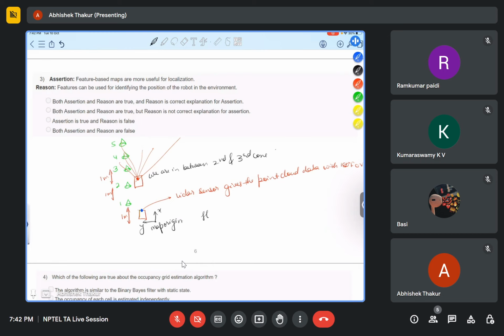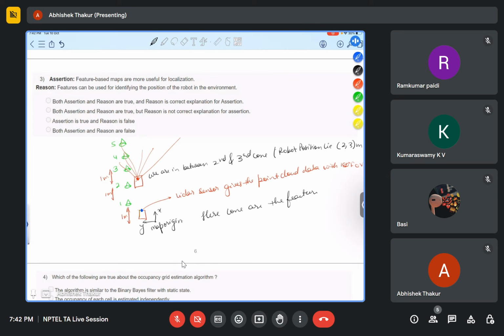So here the cones are the features. The robot position lies between 2 to 3 meters. Let's suppose we have taken a single 1D dimension of the motion of this robot.